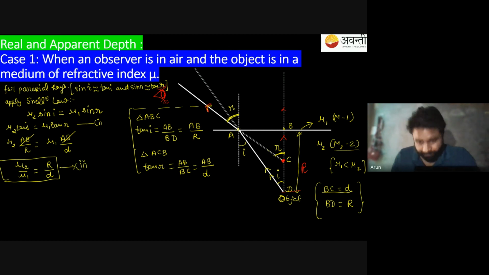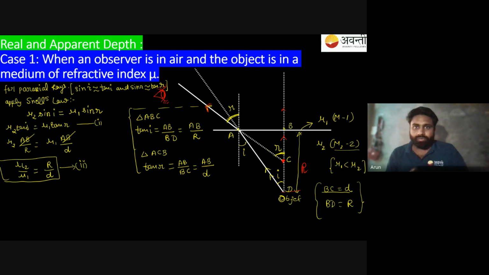Now, case number 1: when an observer is in air, an object is in a medium of refractive index mu. It is similar to you being outside a pond and seeing inside the pond.